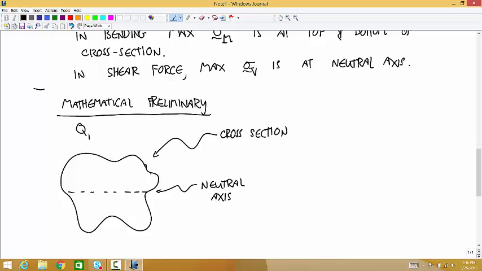And so let's say that this is the line, let's call that Y1. Then this area is A1.